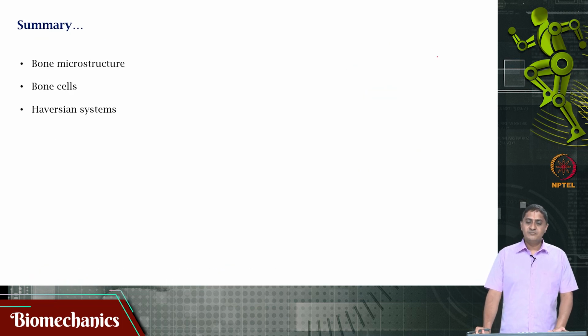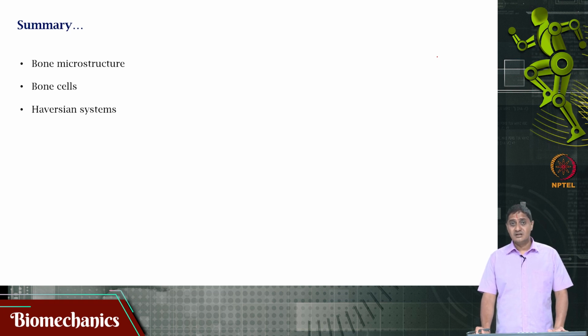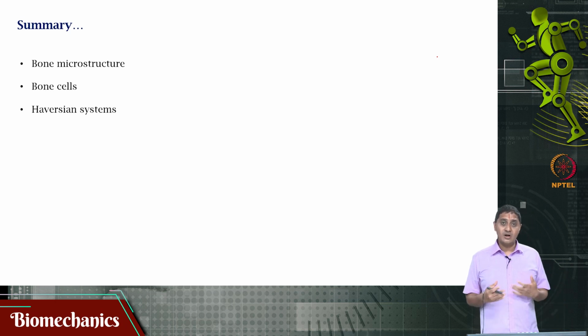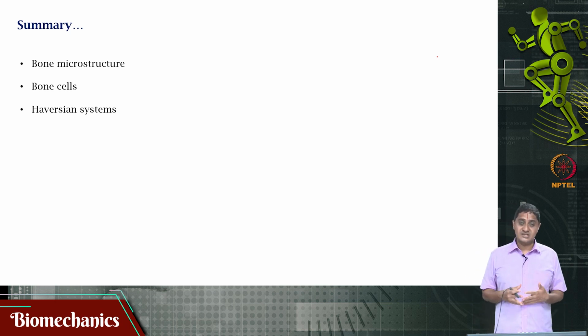So, in this video we looked at the microstructure of a bone, what compact or cortical bone is, and what cancellous or trabecular bone is. We looked at the types of bone cells. Osteoblasts are the cells that divide and grow to become the mature bone cells, the osteocytes. Osteocytes communicate with other osteocytes through canaliculi.